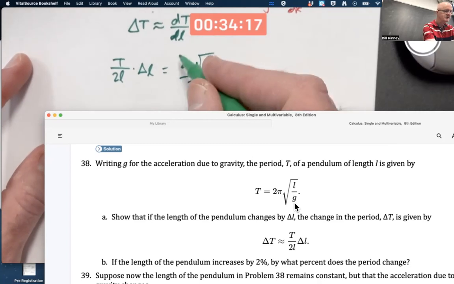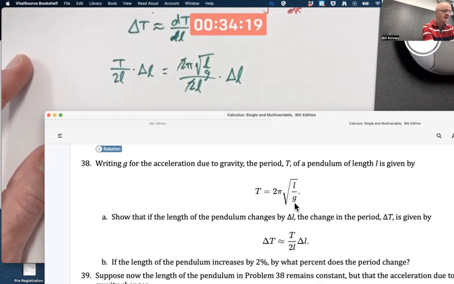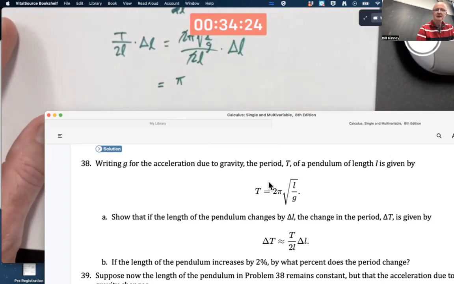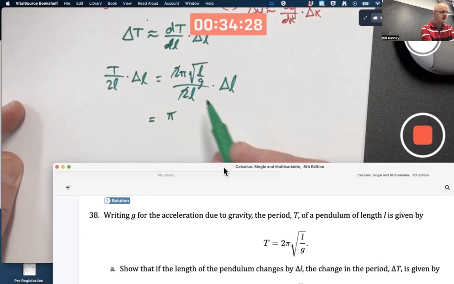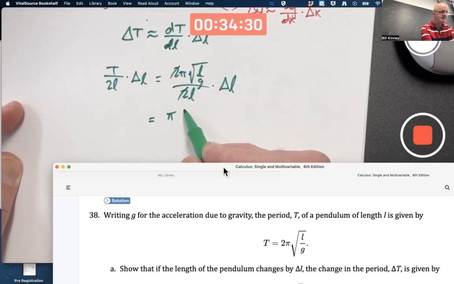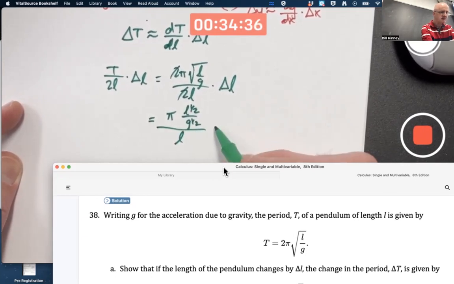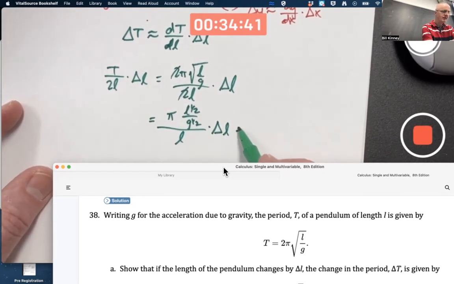Simplify this, the 2's cancel. The pi stays up there. Let me just be extra careful here with making sure I don't make a mistake in my simplification. Square root of L over G is the same as L to the 1/2 over G to the 1/2. And I'm dividing that all by L. When I'm dividing by a fraction in the top, the thing in the bottom there can go to the very bottom of the bigger fraction.